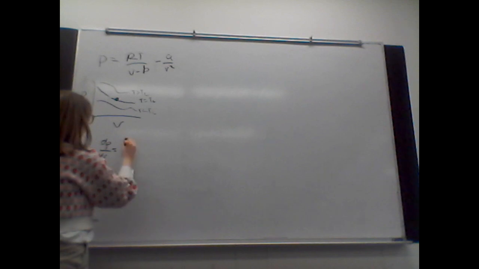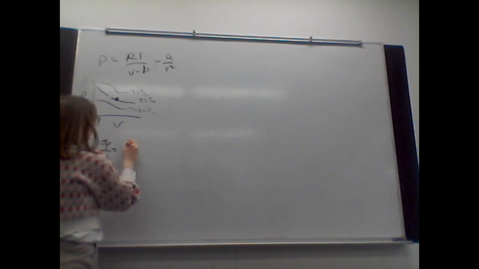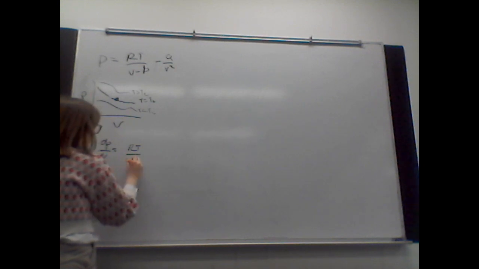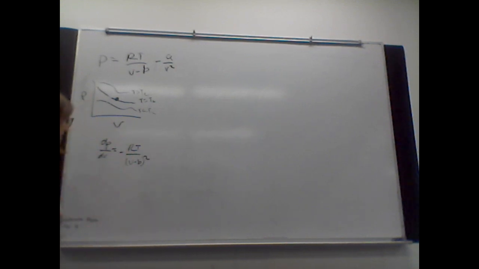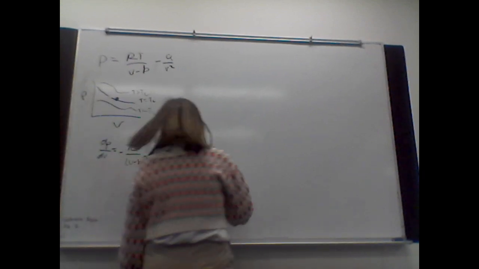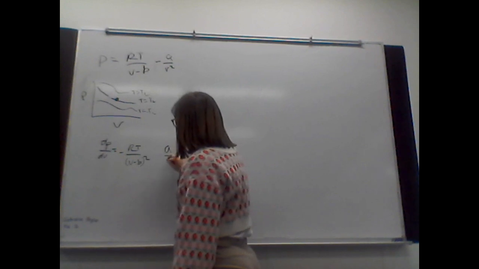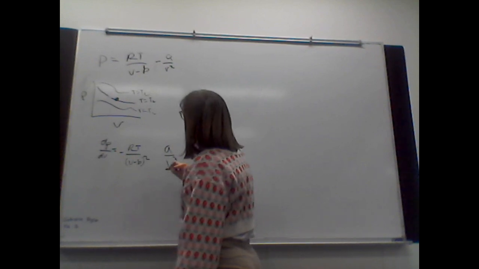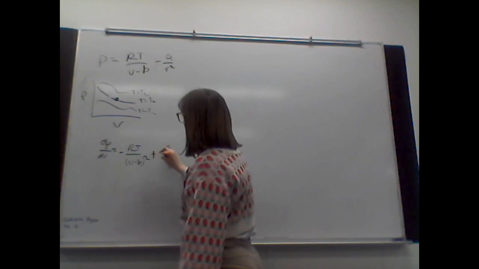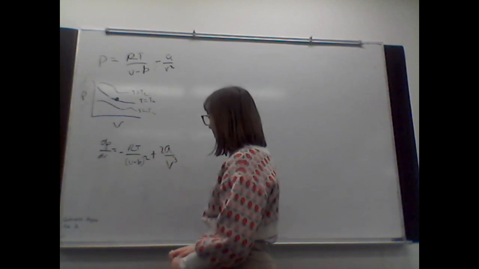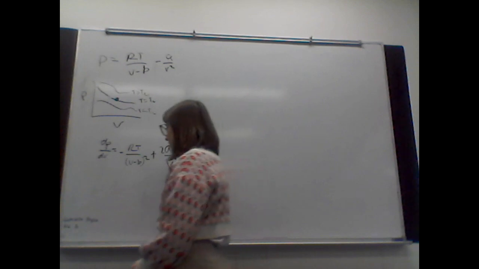So we want negative RT over V minus B, squared, and that is negative for the derivative. And then we have A over V to the third, and that will be negative and plus 2 at the top, so 2A over V to the third.